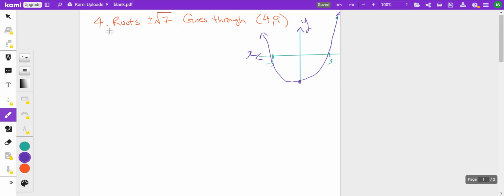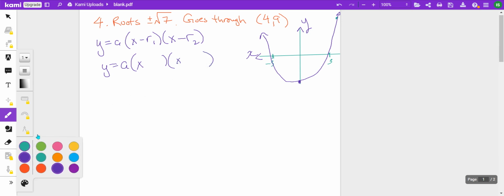All right, so we start off, we're using the factored form equation, where R1 and R2 are the two roots. So the first thing we'll do is substitute in the two roots. Okay, and I know some of you will want to substitute everything in at once. That's fine, but I want to show you.